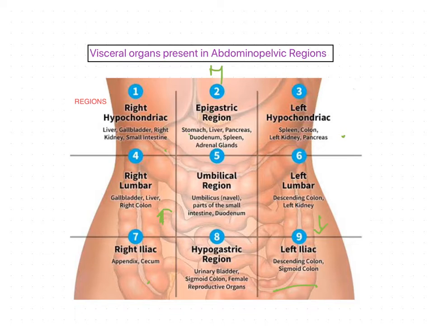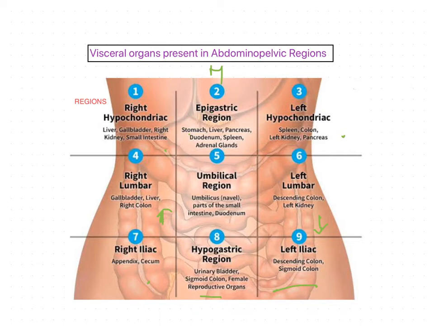Okay, and the last one is the hypogastric region. The organs related to this hypogastric region are the urinary bladder, coils of small intestine and the enlarged uterus, that is, female reproductive organs are related to this hypogastric region.